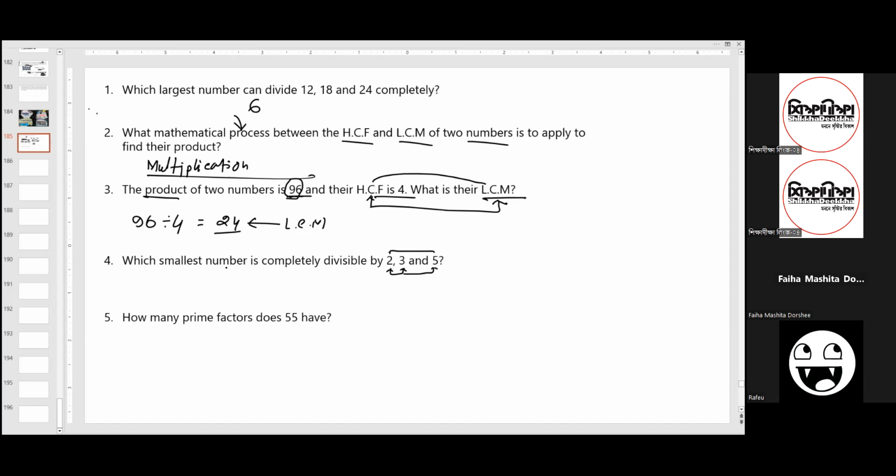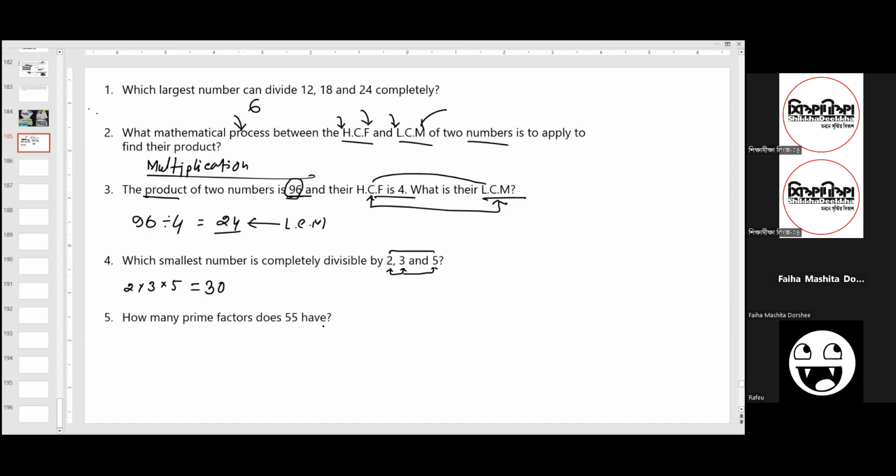In that way we can better decide whether we have to go for the LCM or HCF. Then in that case, don't look for the words highest and lowest. Look for whether you are going to find a multiple or a factor, right? So the LCM for 2, 3, 5, since all of them are prime numbers, is going to be the product of all the numbers, and it's going to be 30.